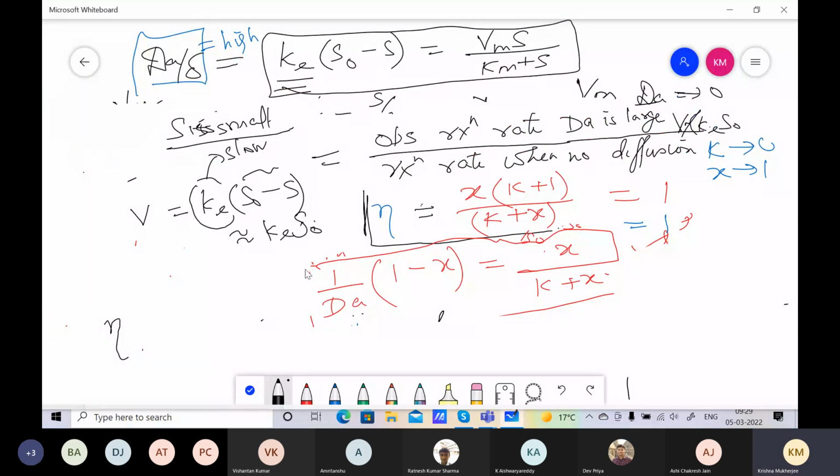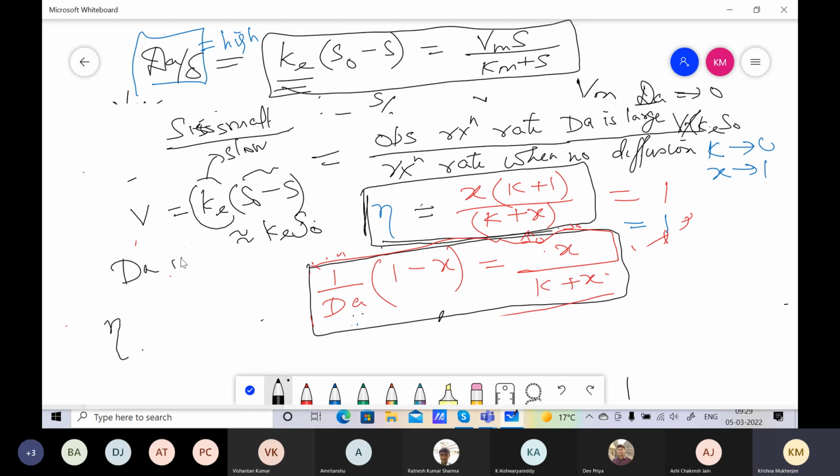We solved it for situations where efficiency was 1 and dA was tending to 0. Now let us take the condition when dA is large, and tell me what efficiency is as a function of dA. These kinds of things are important.